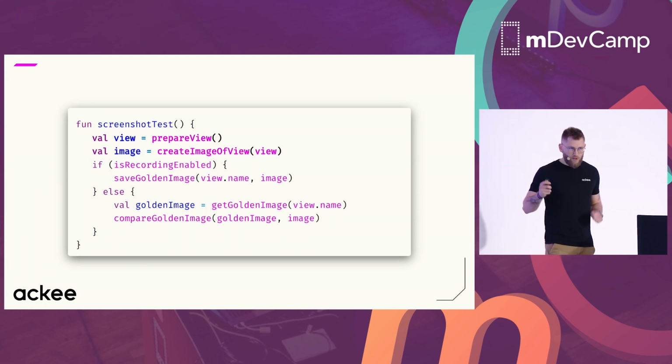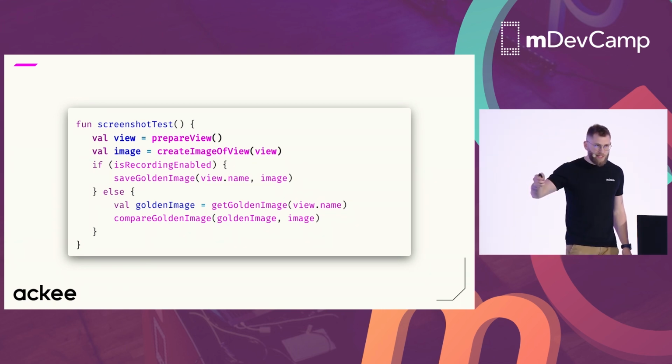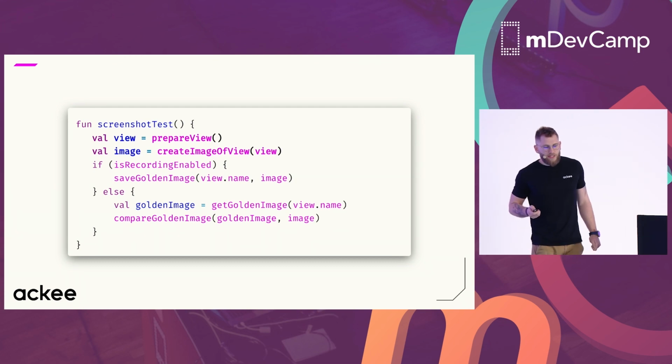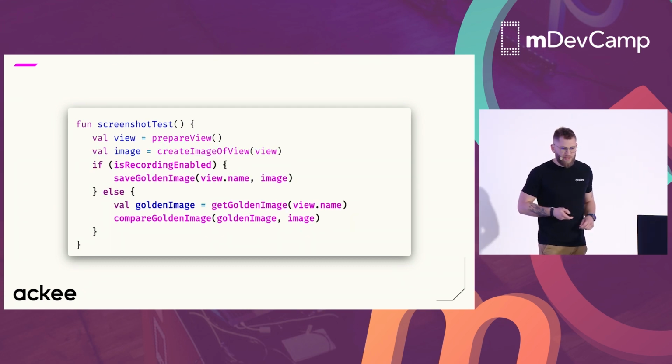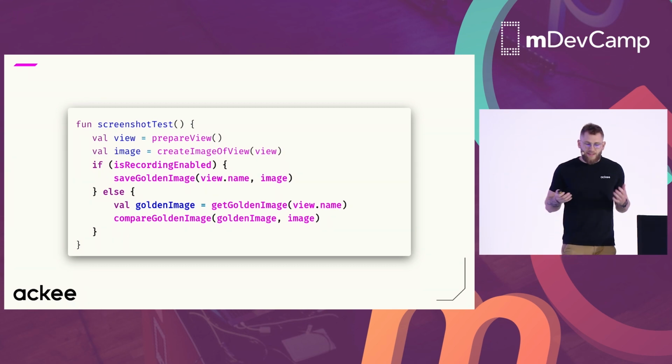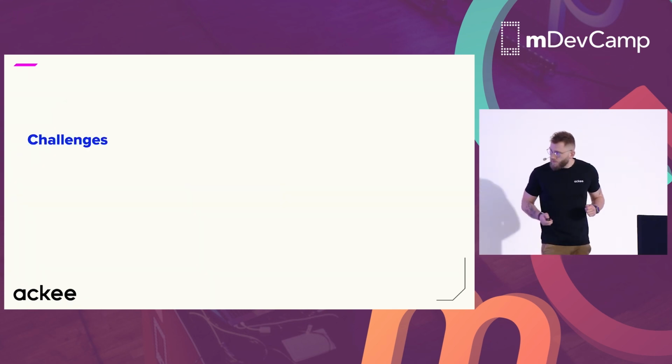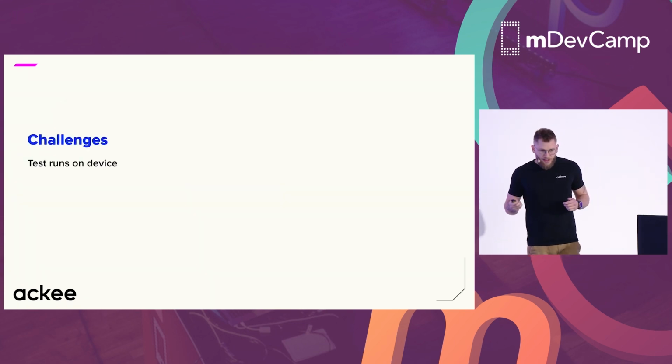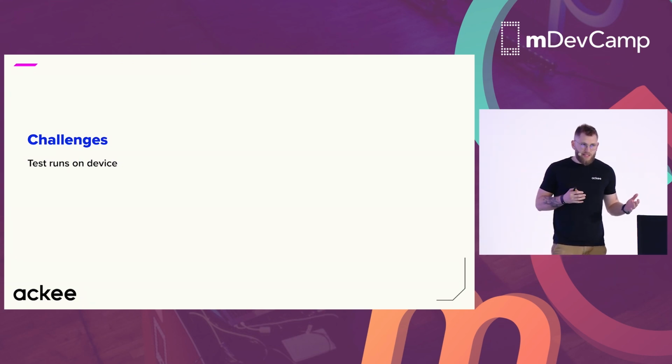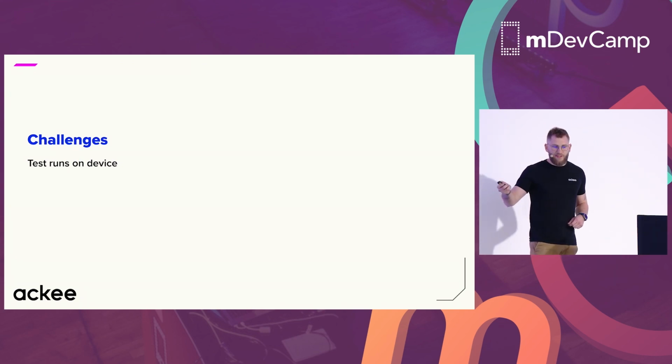Okay, so we've talked about the preparation of the view and creating of the image, and let's talk about the second part of this pseudocode, and it's the saving and retrieving of the images. If you think about it, these Android tests, instrumented tests, usually run on some device.